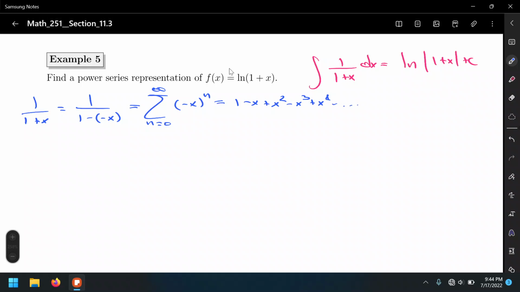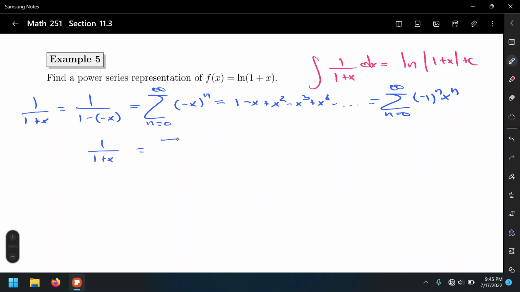So in this case, we're going to do the integration operation to obtain a power series for ln of 1 plus x. Let's go ahead and do that. I'm going to take this quantity right here, 1 over 1 plus x, and this quantity right here, which, by the way, let me rewrite again in sigma notation. n equals 0 to infinity, negative x to the n is the same as negative 1 to the n, x to the n.